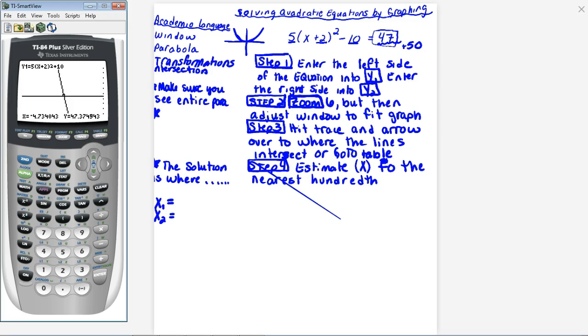If you want to, just remember, you could do second calc, find intersection, and you can call me over if you want help remembering how to do this, okay?